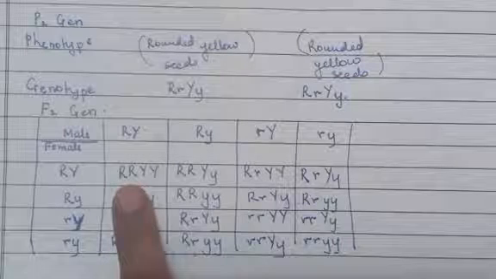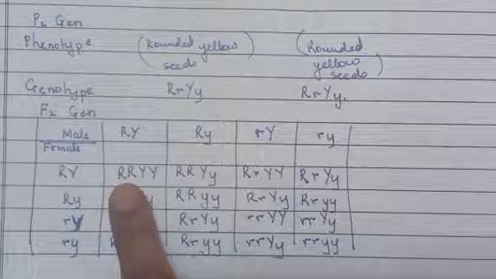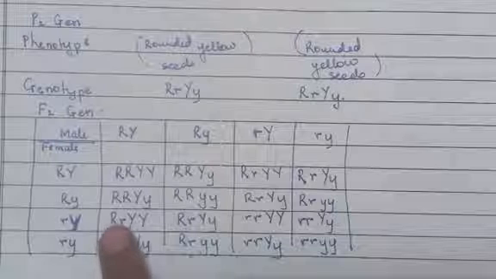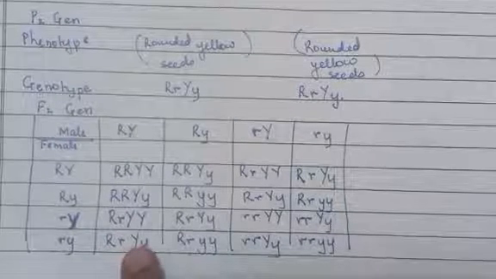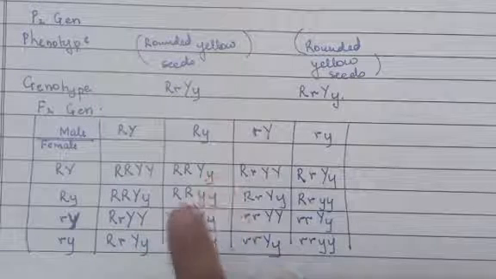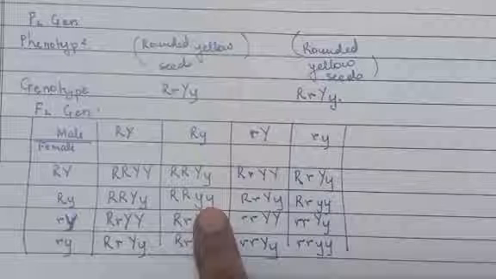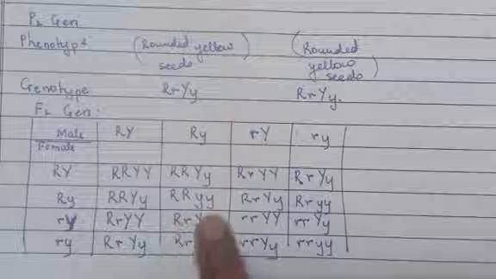Now let's see the first one. Capital R means these are round, round and yellow. These also are round and yellow. This also will be round and yellow. This also will be round and yellow. But both are small letter here, so that is going to be green. This will be round and yellow.